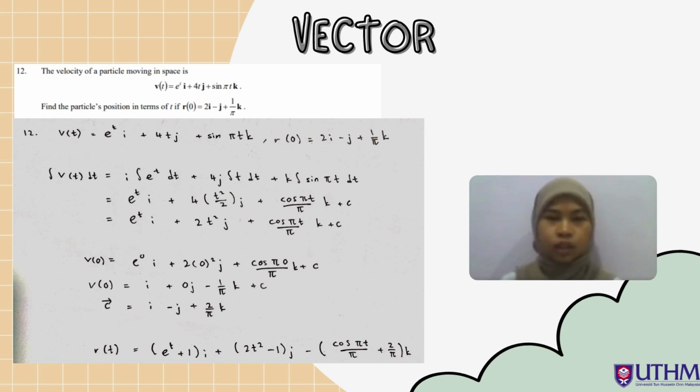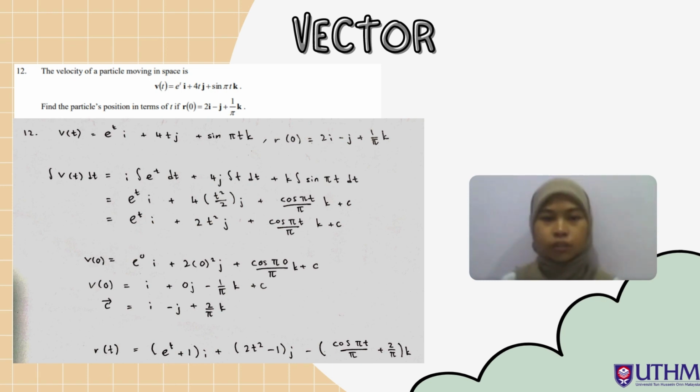And then sub in 0 into this equation, we get i plus 0j plus 1 over pi k plus c. And then again, we have here r0 equals 2i minus j plus 1 over pi k. We can easily have c equals i minus j plus 2 over pi k. If you still don't understand how we get c, we just put v0 and r0 next to each other, and then we can easily get c.